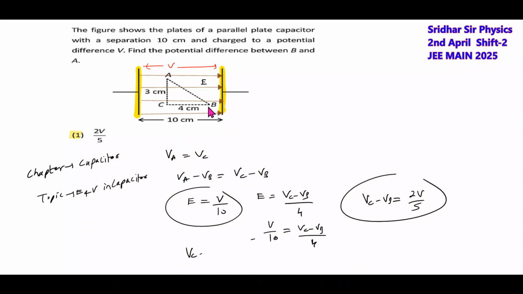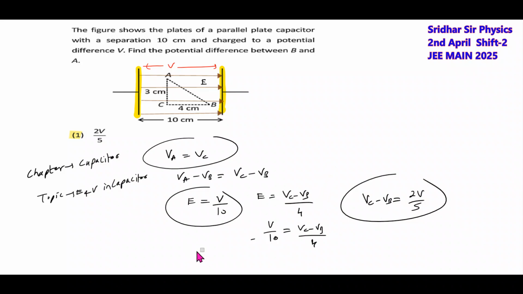Potential difference between points C and B. The potential difference between points B and A or B and C will be the same, because potential at A equal to C. The reason is that A and C lie on the equipotential lines. This will be an equipotential line. This will be an equipotential line.